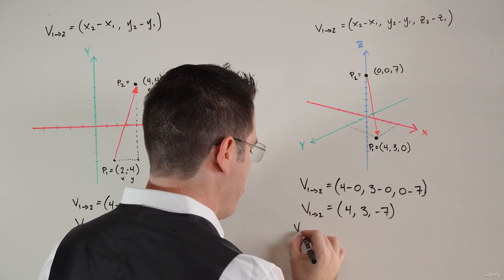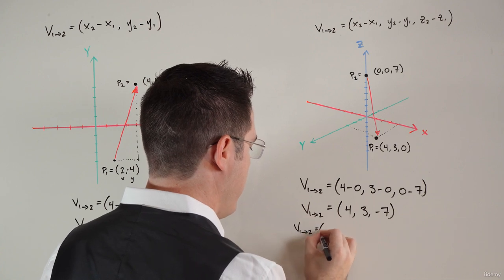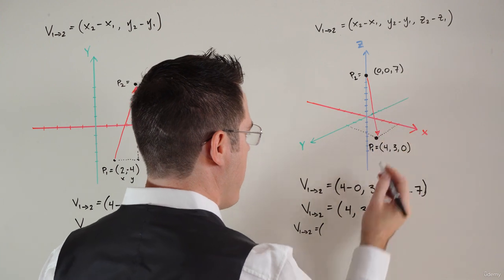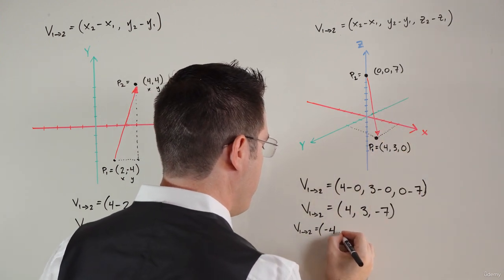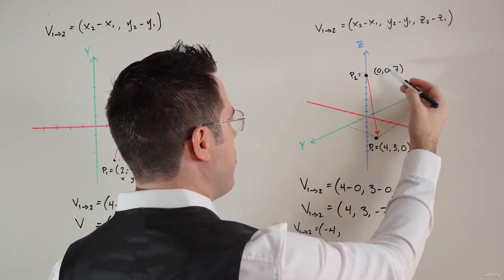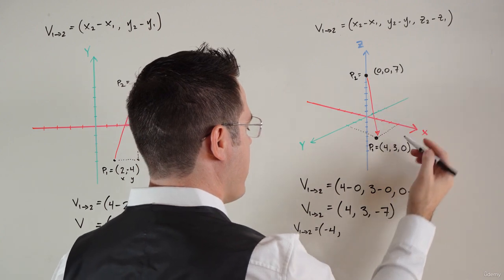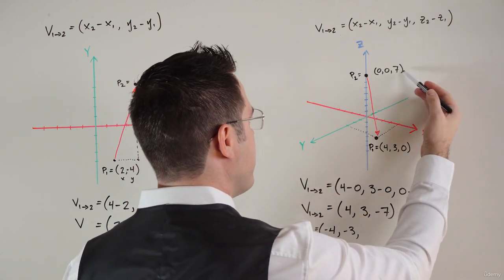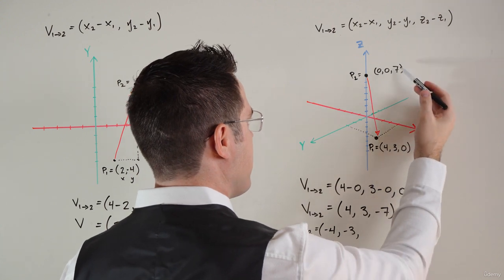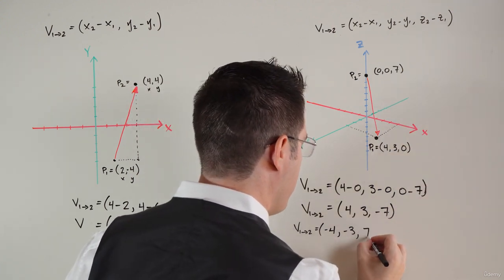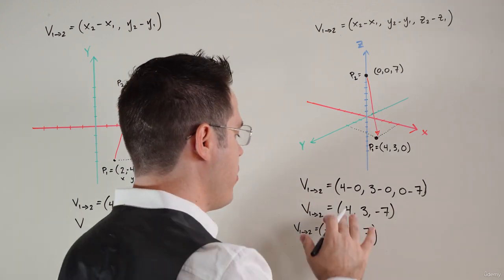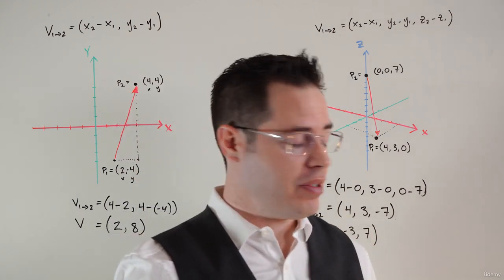So the vector from point 1 to point 2 is going to be x2 minus x1, 0 minus 4, which is -4, y2 minus y1, 0 minus 3, which is negative 3, and z2 minus z1, or 7 minus 0, which is positive 7.